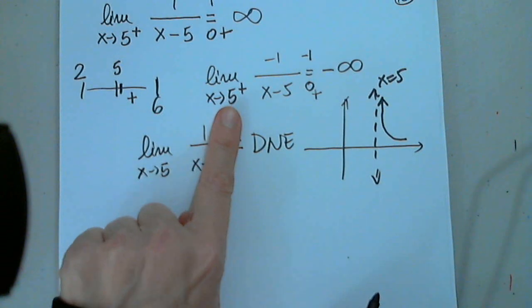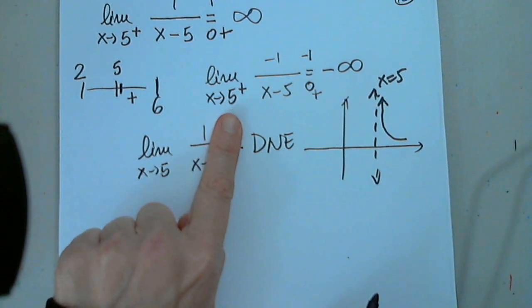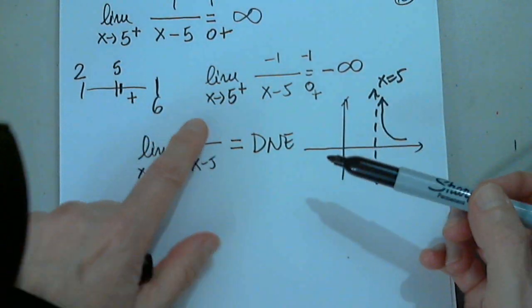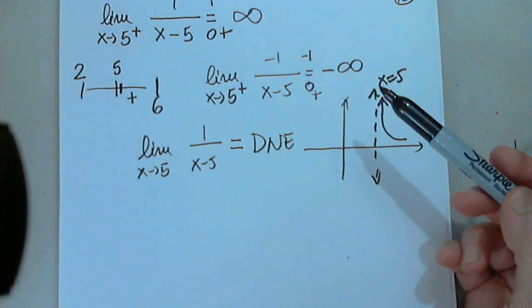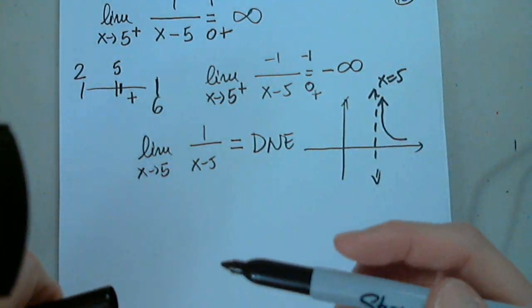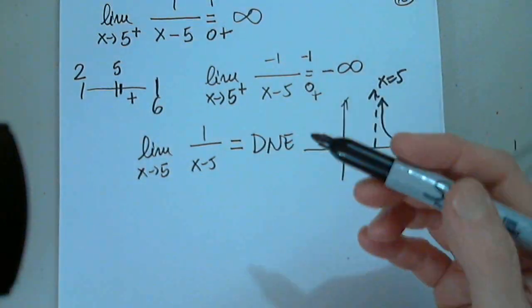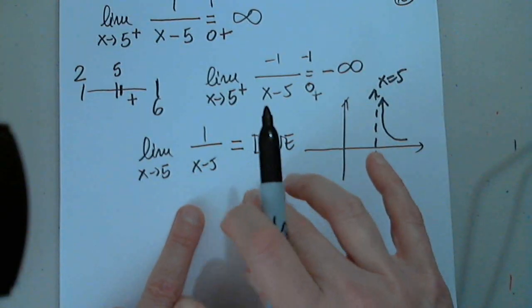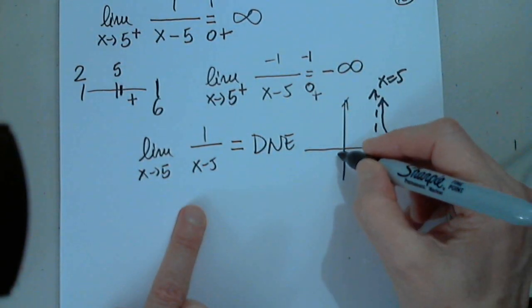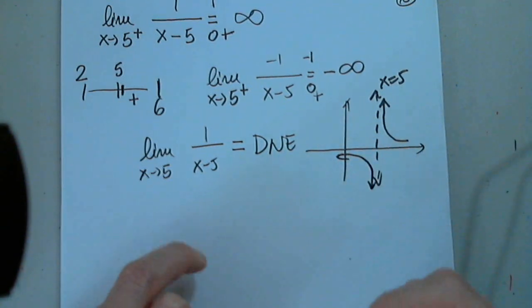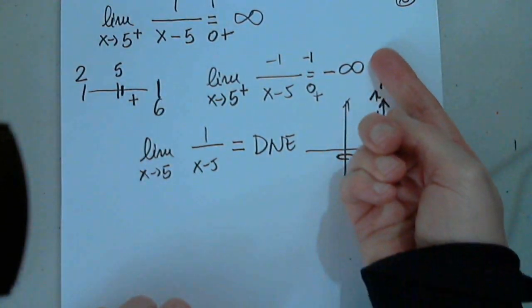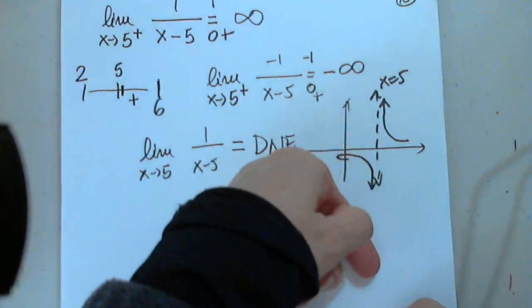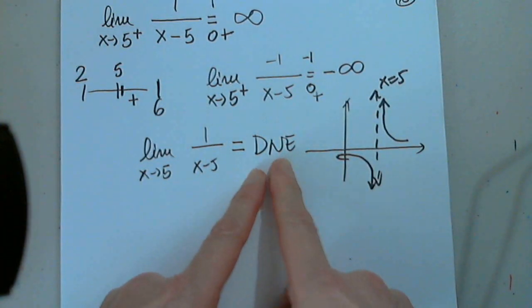Sorry, I changed the function; I meant to write the same function, but everything is okay. It's DNE anyway. From the other side, it's negative infinity. So one side goes to positive infinity, the other side goes to negative infinity. That's why this is DNE.